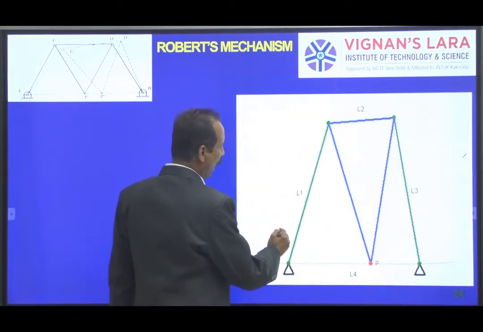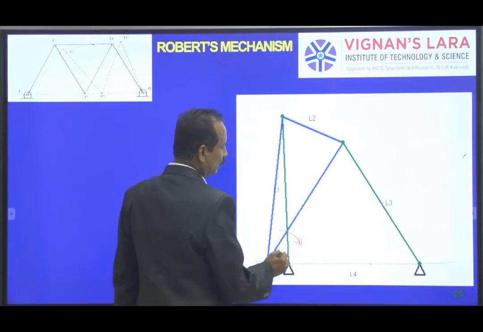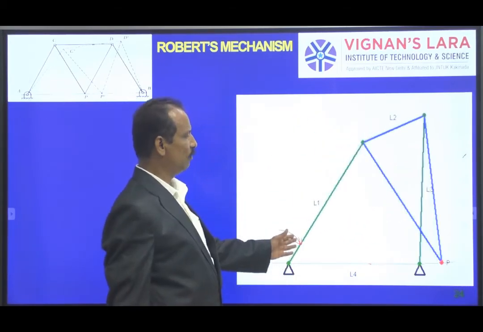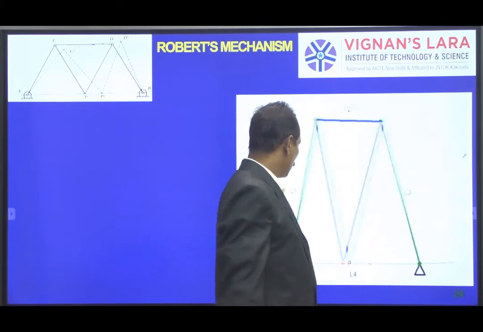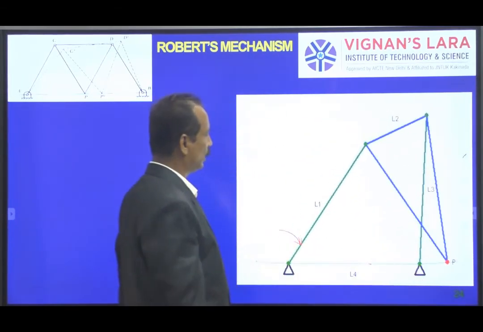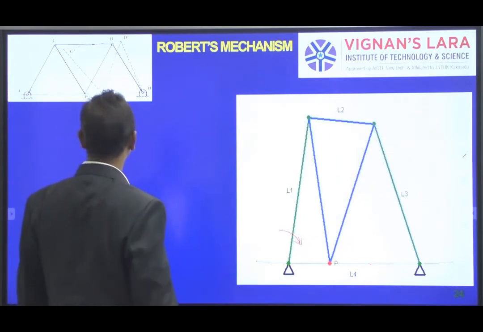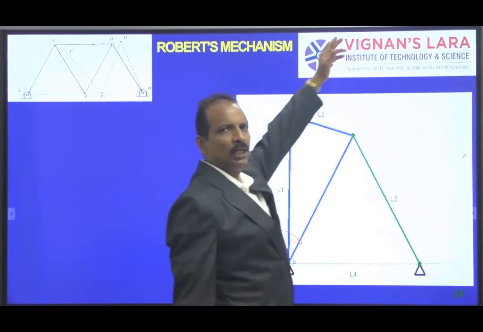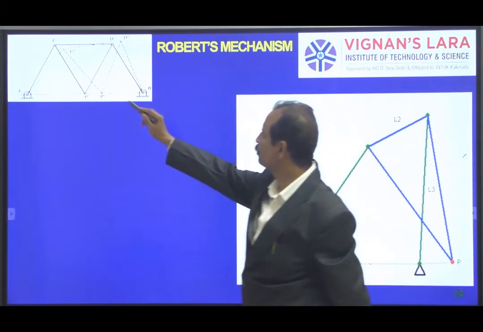For small angular movements of this input link L1, the coupler link, that is link 2, is tracing a path where P moves along a horizontal path. So the same thing is shown here.